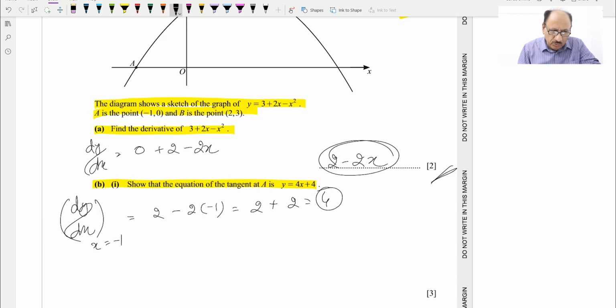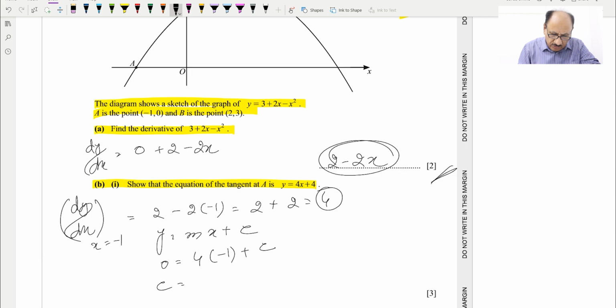Now we can use y is equal to mx plus c. We require the equation of the tangent. For equation of the tangent we require the gradient and we require the y-intercept. So to find y-intercept we are using y is equal to mx plus c. So y is 0 and gradient is 4 and x value is minus 1, so plus c.